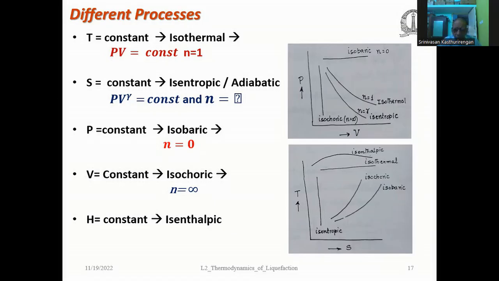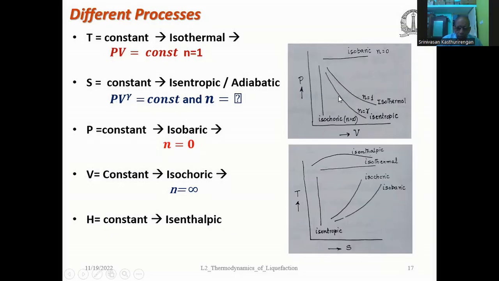Now you can represent the processes either in the PV diagram or in a TS diagram. In the PV diagram, pressure is on the y-axis and volume is on the x-axis. So an isobaric process will be a constant horizontal line. An isochoric process will be a constant vertical line.